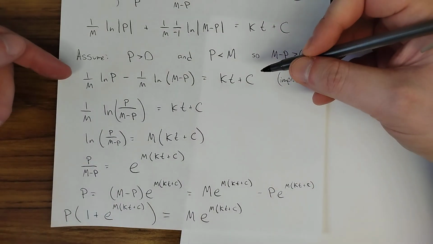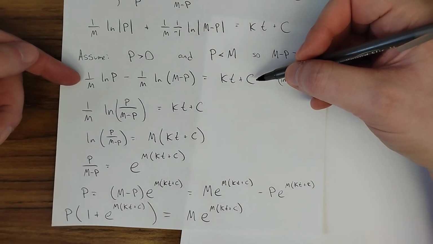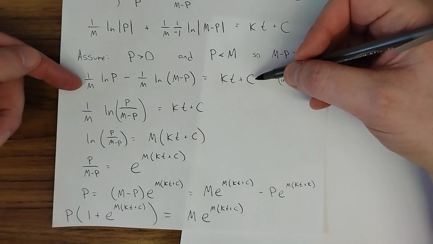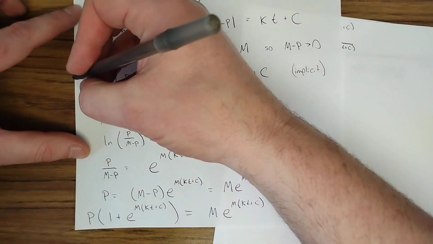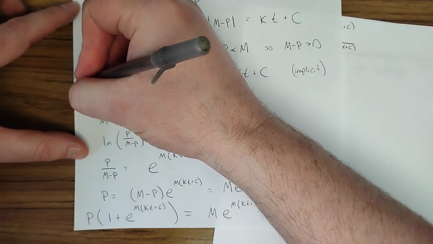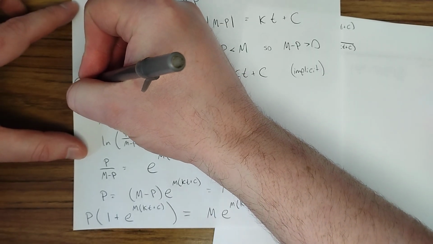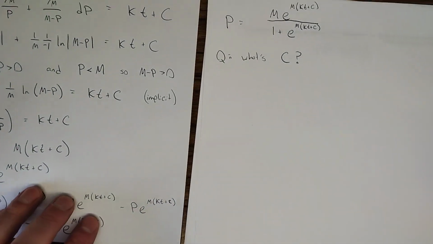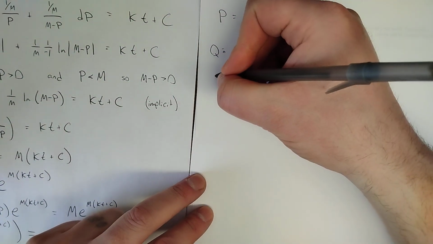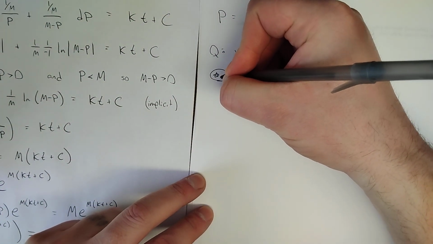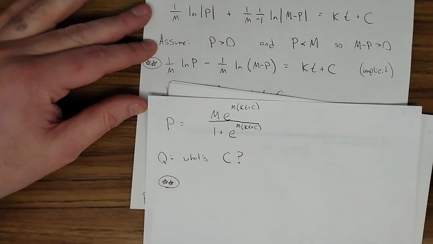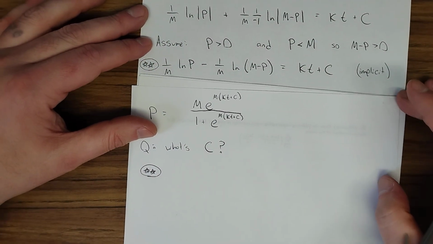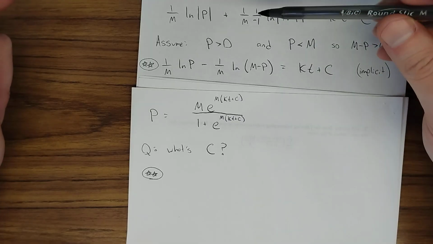Let me actually pick this one, because my goal is to solve for C, and this is one where C is going to be very easy to solve for. So let me maybe call this something, double star. So I'm going to take double star and put in my initial condition.